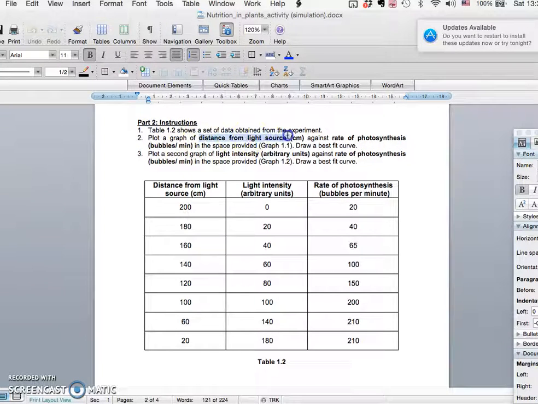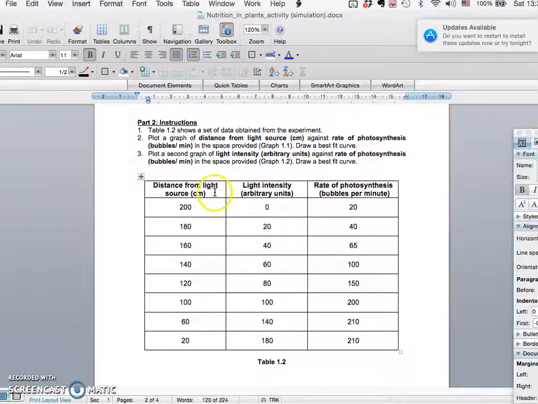Put distance from light source on the horizontal axis and rate of photosynthesis on the vertical axis. The second graph is light intensity against rate of photosynthesis. That's this column against this column, this one on the horizontal axis and this one on the vertical axis.